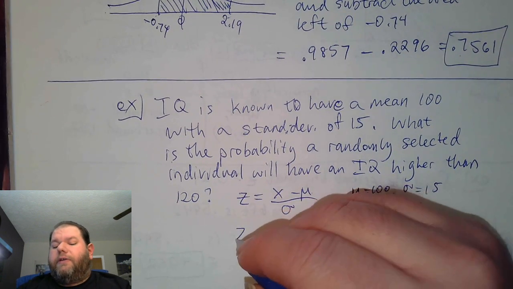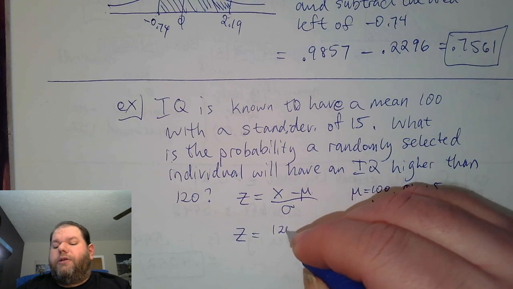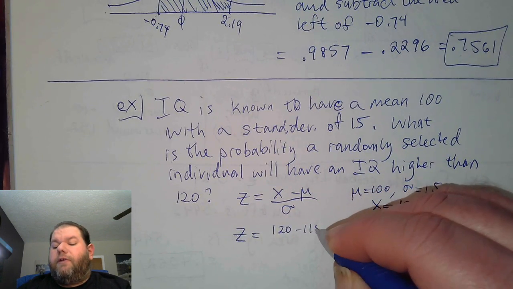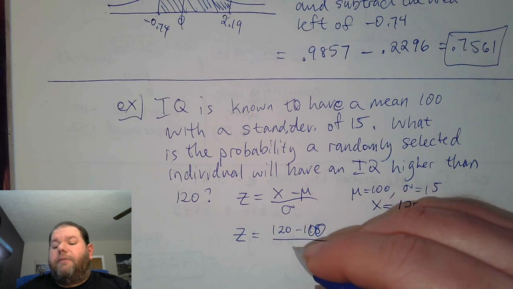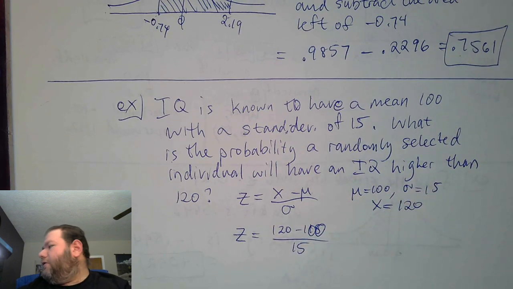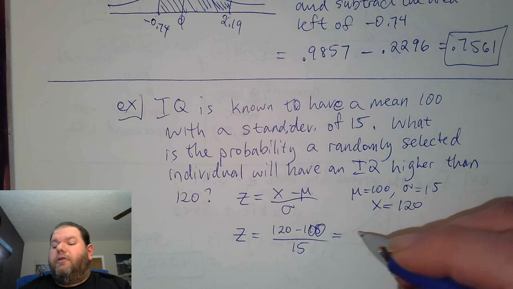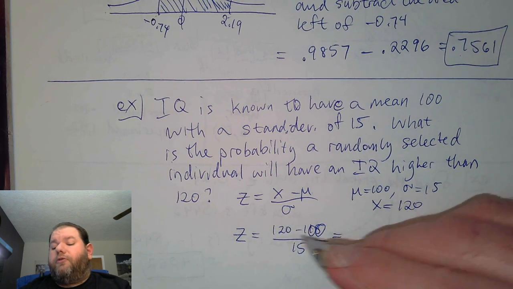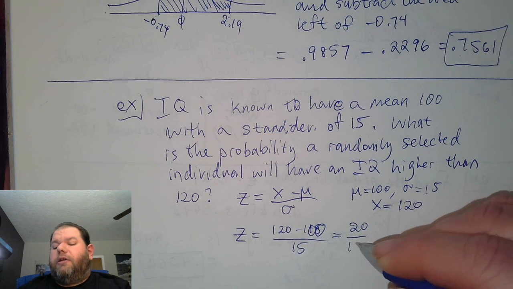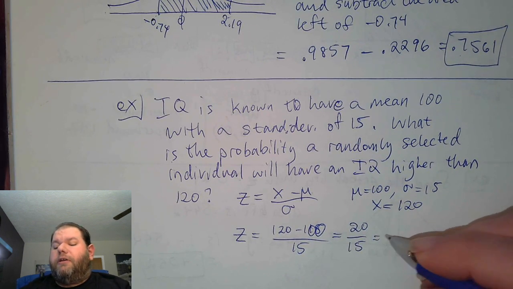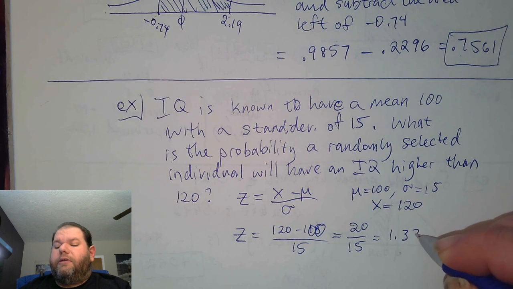So we'll calculate this. Z equals 120 minus 100 divided by 15. 120 minus 100 is 20, and then 20 over 15 is 1.33.